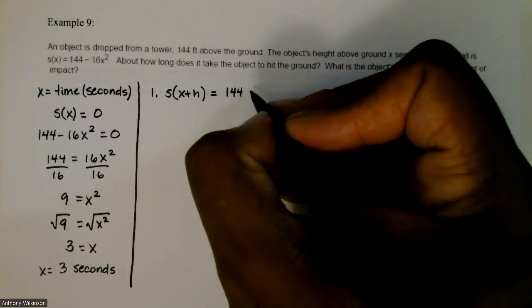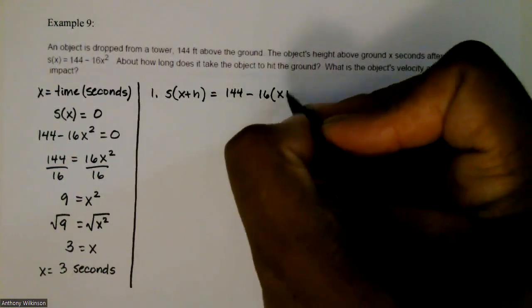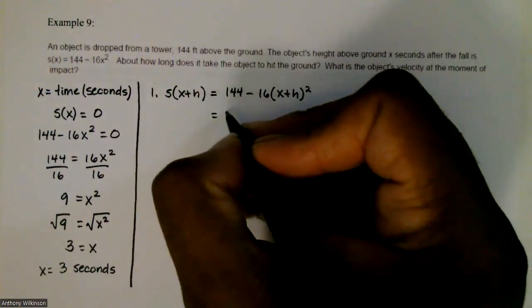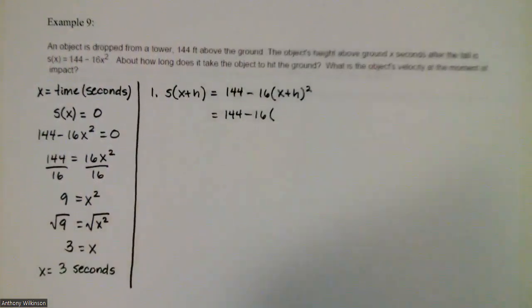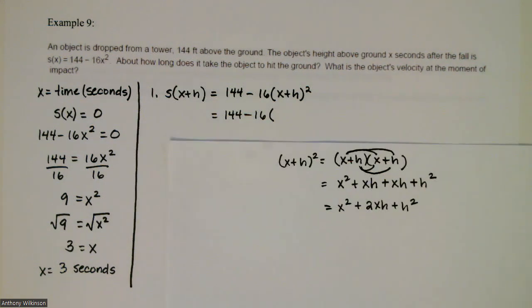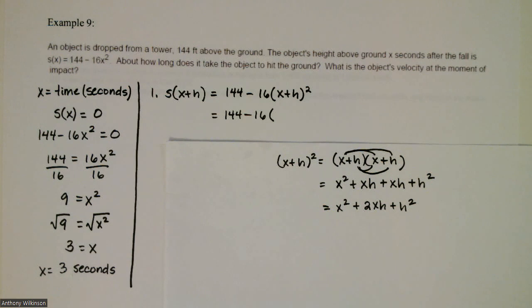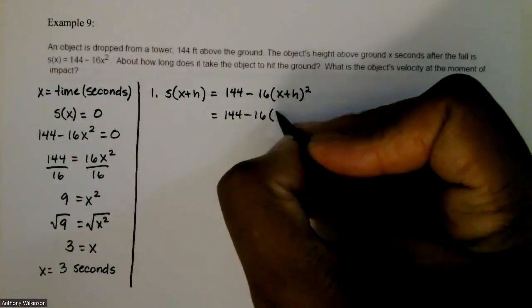So it'll be 144 minus 16 times the quantity x plus h squared. I'll bring that back up. You'll see it ends up being x squared plus 2xh plus h squared.